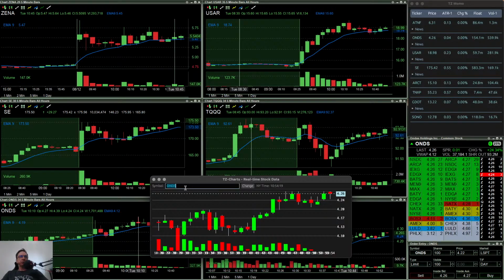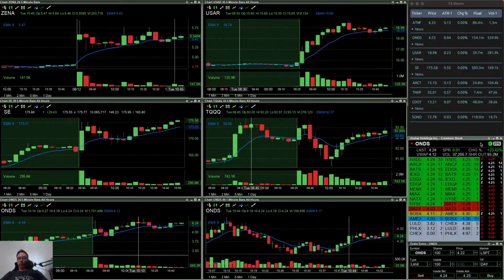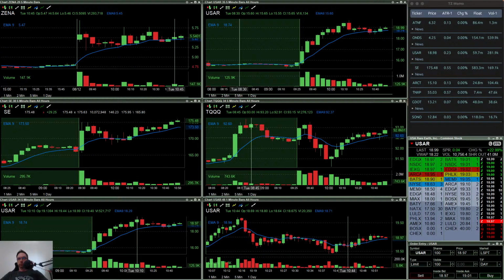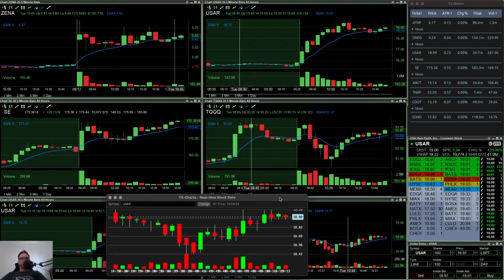Let's see what old USAR is doing. USAR, let's drag this over here. You can see how it popped up there, pulled back, consolidated, pulled back.